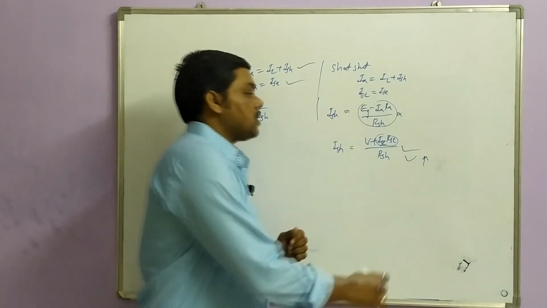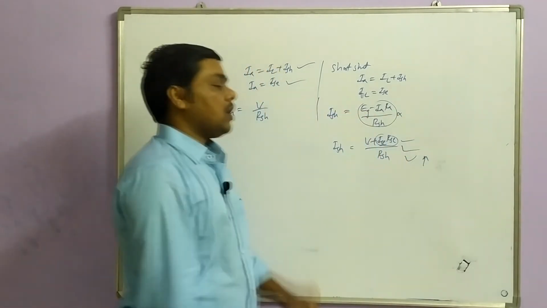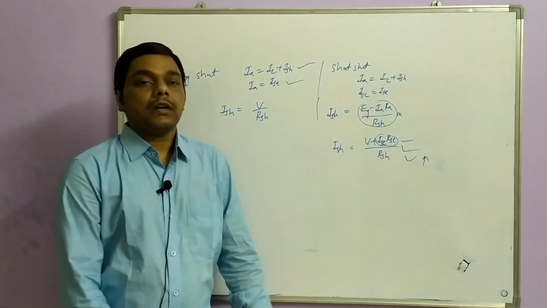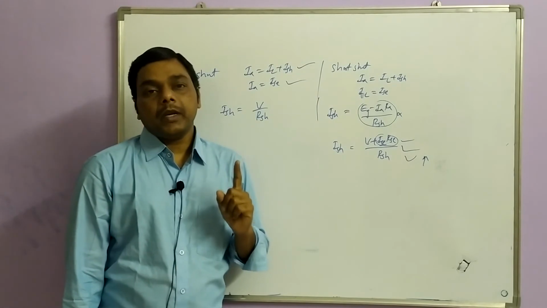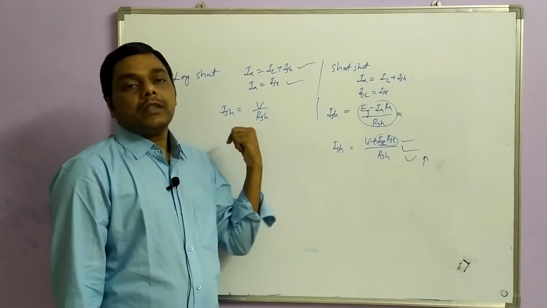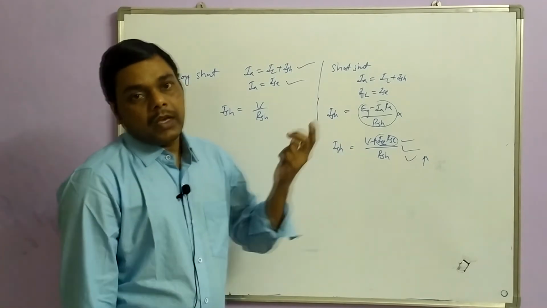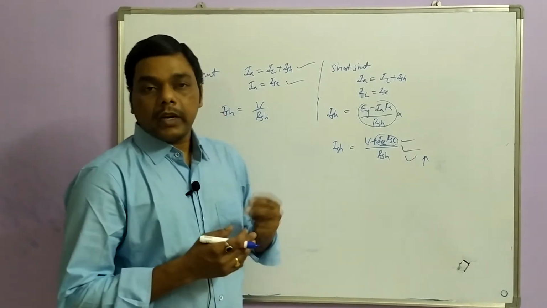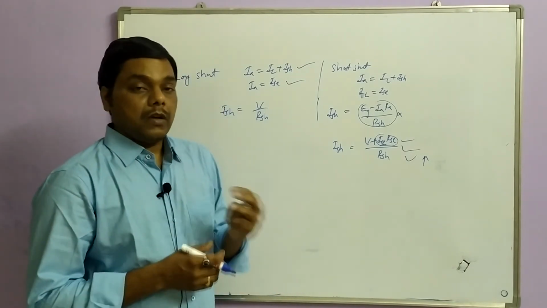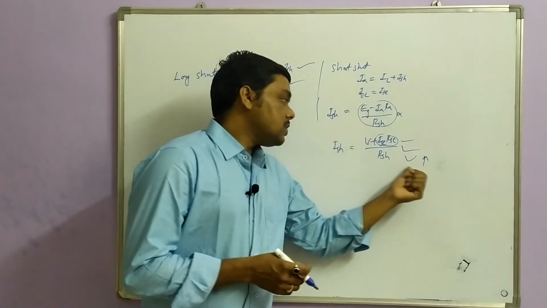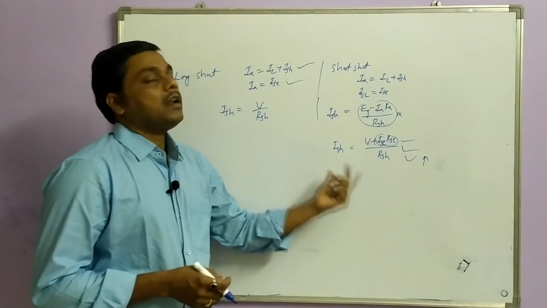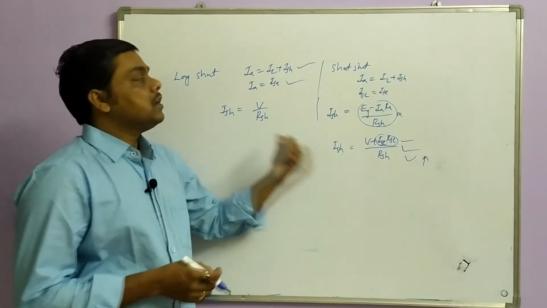So this current calculation is very important while you are calculating the armature current. So armature current is a very important parameter while calculating the generated EMF as well as load voltage, and any calculations, losses, efficiency. Okay, so these are the shunt current relations.